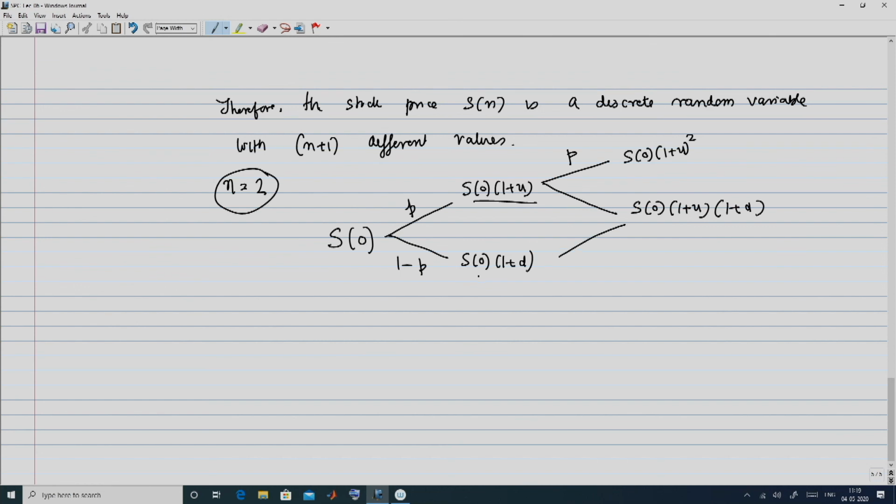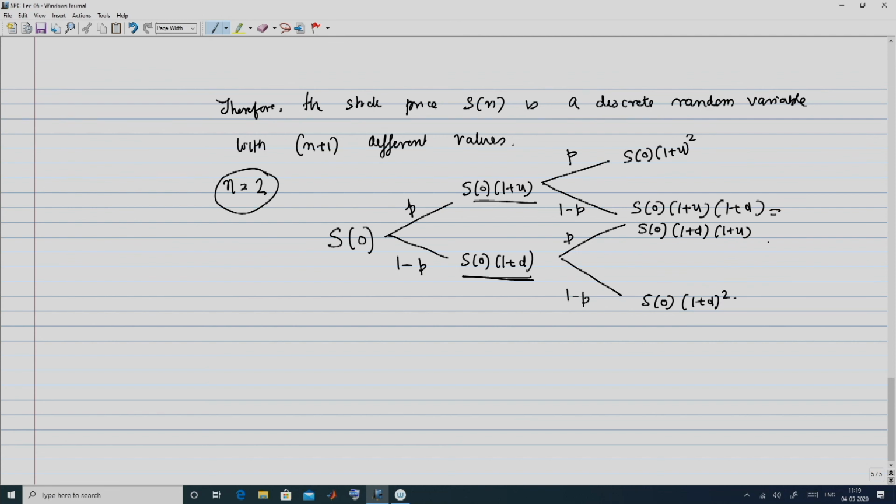Similarly, here when I start off with the existing price S naught into 1 plus d, I can go up to S naught into 1 plus d into 1 plus u, and note that these are both equal. And so, the probability here is going to be 1 minus p, this is p, and here with probability 1 minus p, I can go down from S naught into 1 plus d to S naught into 1 plus d square.